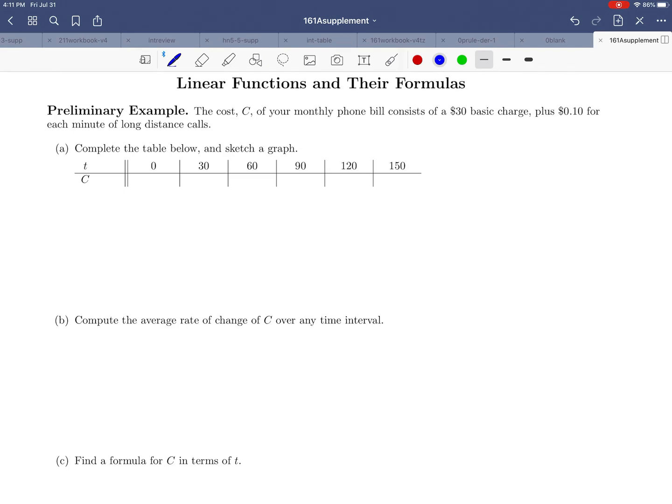So let's look at this situation. You have your basic charge of $30, and then every minute you're talking costs 10 cents. And that gives us a relationship between time in minutes and cost in dollars.